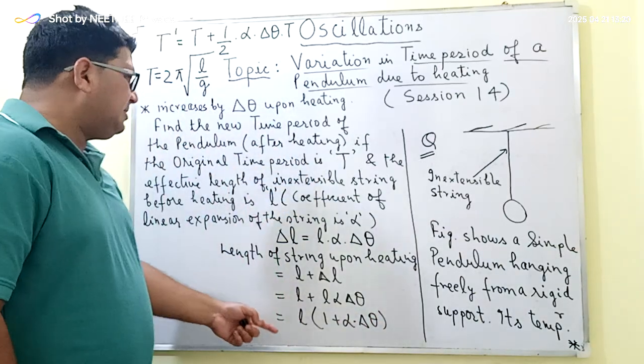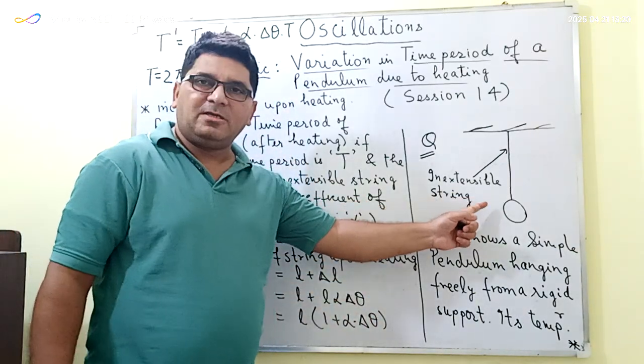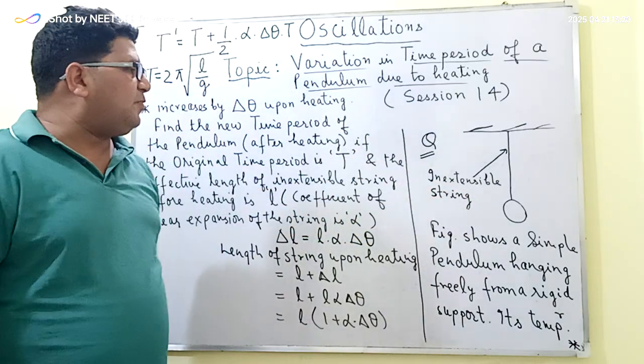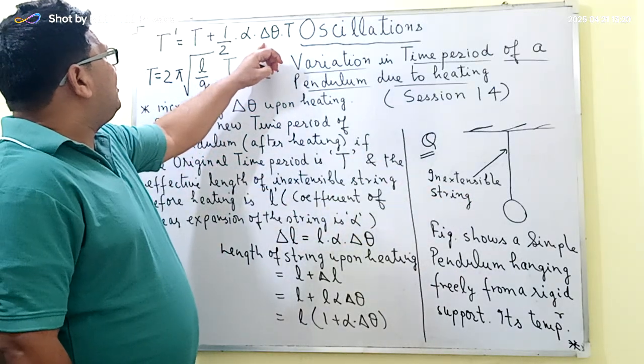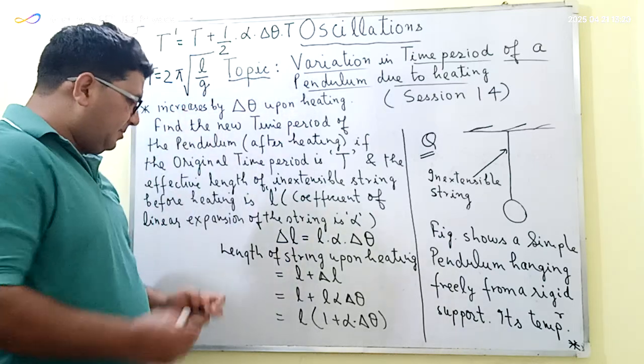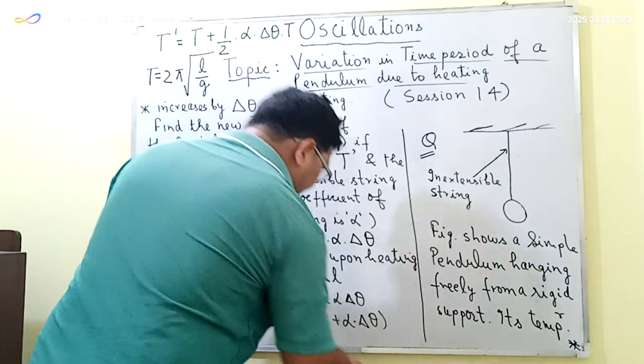This is the new length of this inextensible string when this simple pendulum was heated and its temperature was increased by delta theta. So I will be writing this formula here.